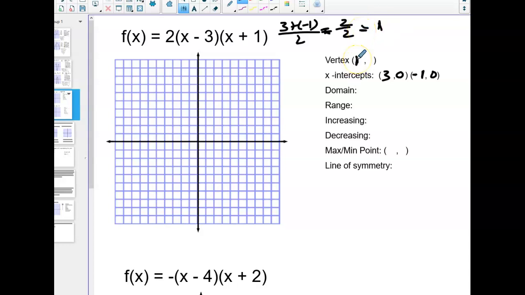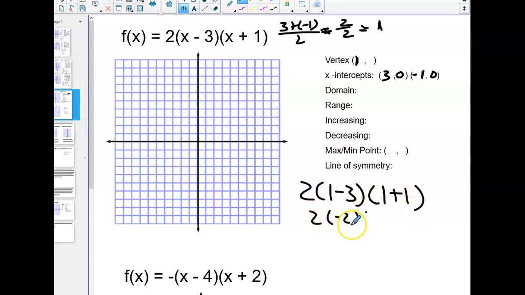So the x-coordinate of my vertex is 1. To get the y-coordinate, 2 times 1 minus 3 times 1 plus 1. 2 times negative 2 times 2 is a negative 8. And there's my vertex. 1, negative 8, and those are my points. 3, 0, negative 1, 0, and 1, negative 8.